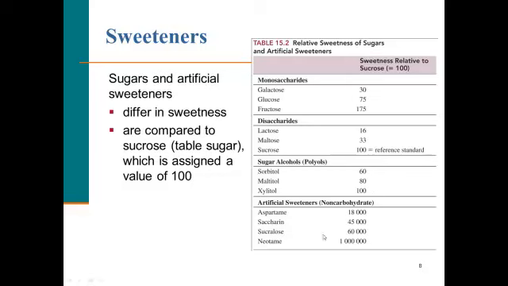Artificial sweeteners, you can see that our non-carbohydrates have a tremendously higher level of sweetness compared to sucrose. Again, these are ones you'd be familiar with. So aspartame and saccharin are going to be the most common. So all sweeteners are given a value of relative sweetness compared to sucrose.